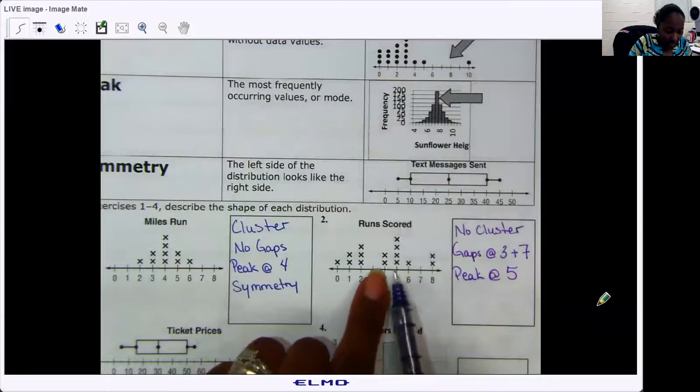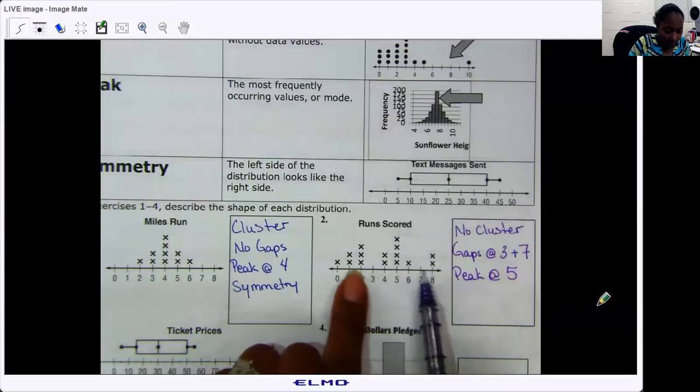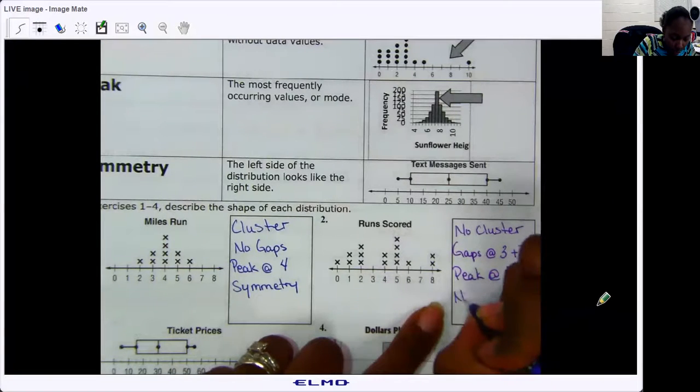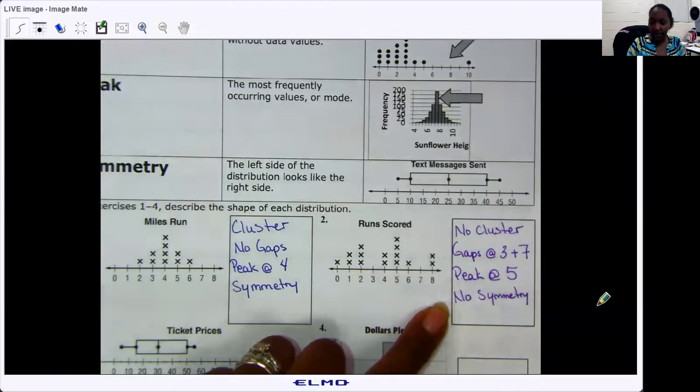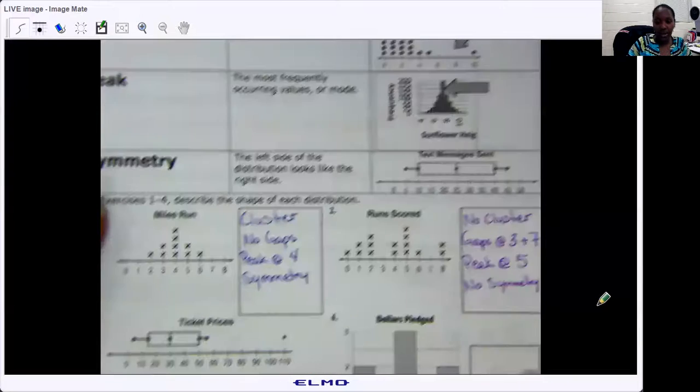It does not look the same on both sides. So there is no symmetry here. So we only had 2 of the 4 happening here. There was gaps and there was a peak, but no cluster and no symmetry here, okay?